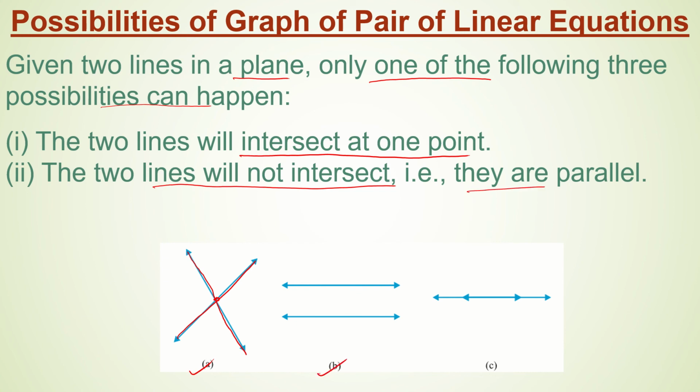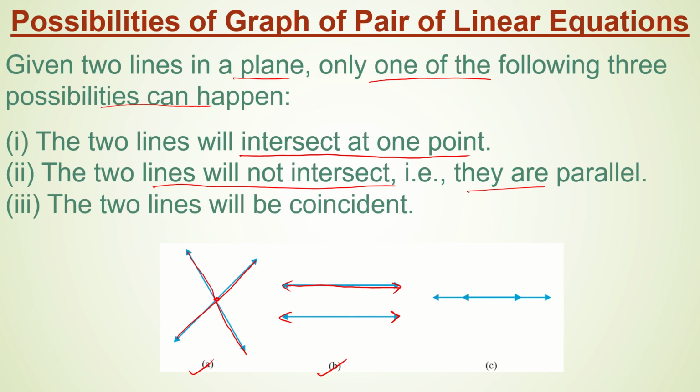See this graph B, here two lines are parallel to each other, that means they are not meeting at any point. Next, if the two lines are coincident, that means one line lies above the other. So in this case, the two lines will be coincident.